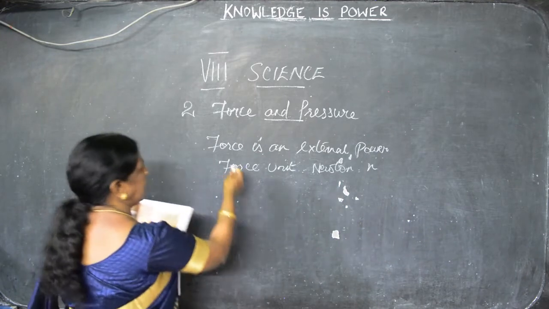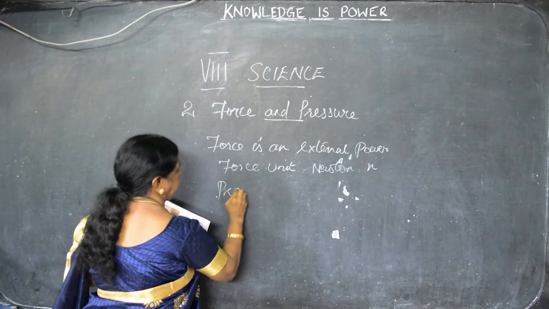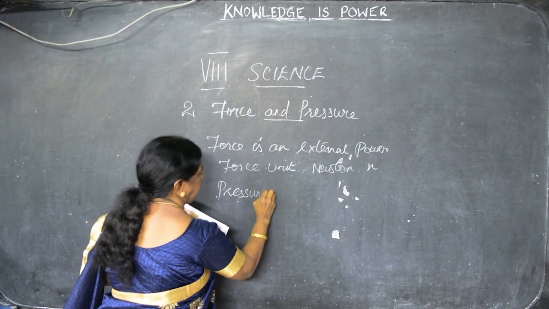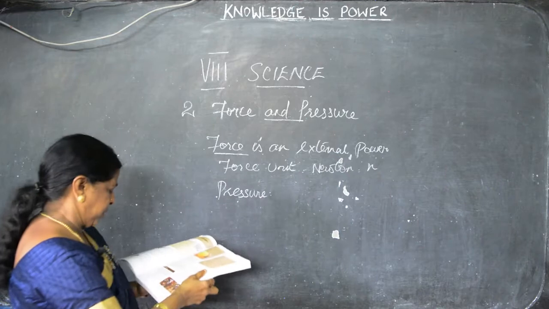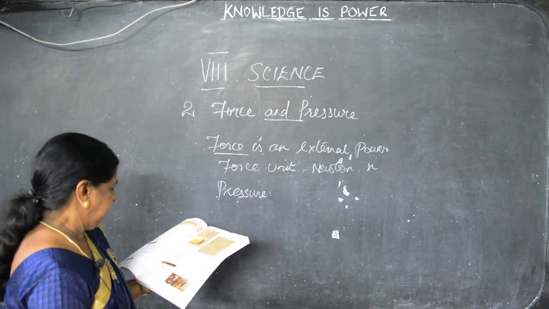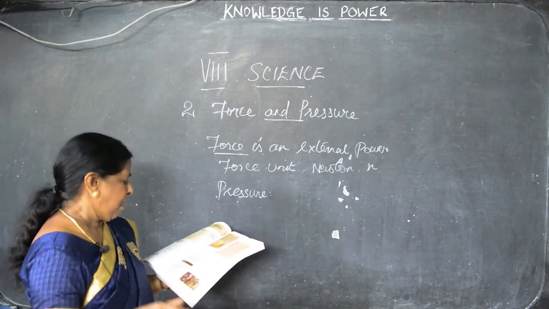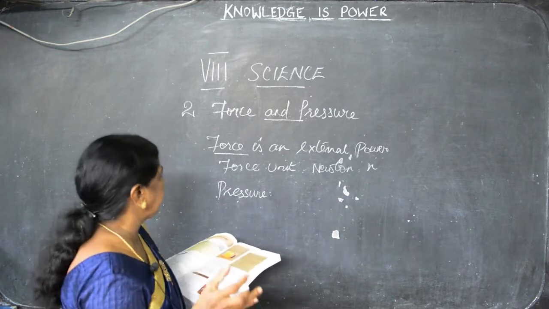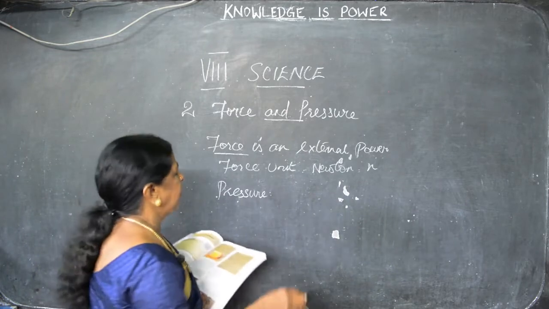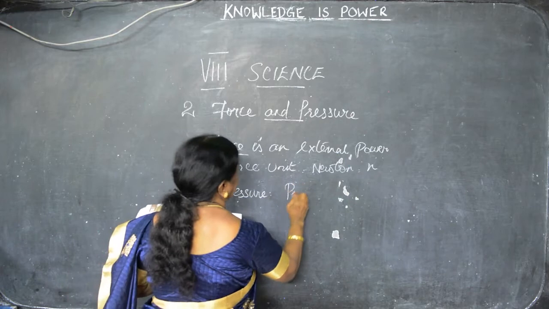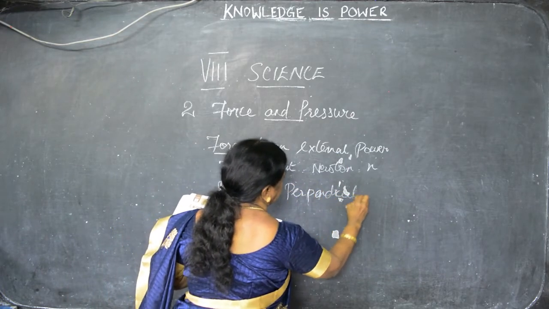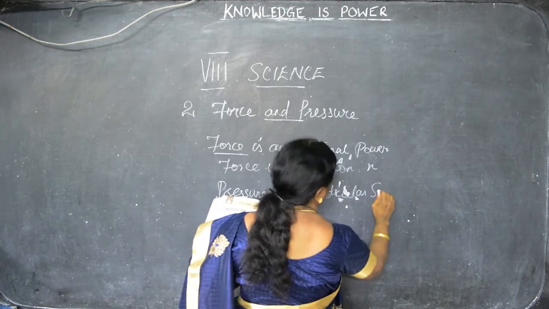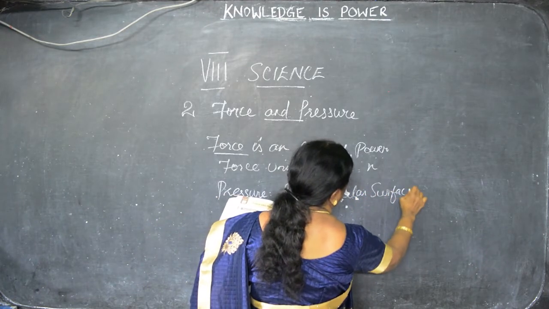Next we have to see what pressure is. Force, I said, is an external power. Pressure is the amount of force or thrust acting perpendicularly on the surface area, that particular area where the force acts.